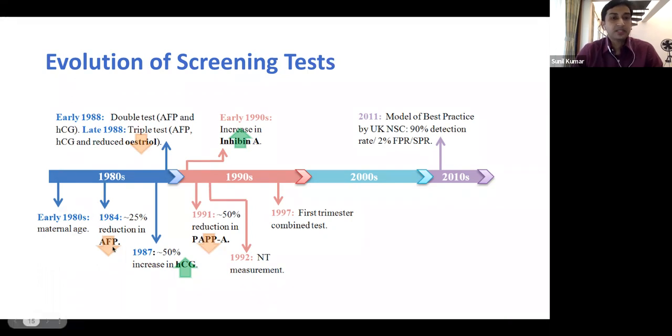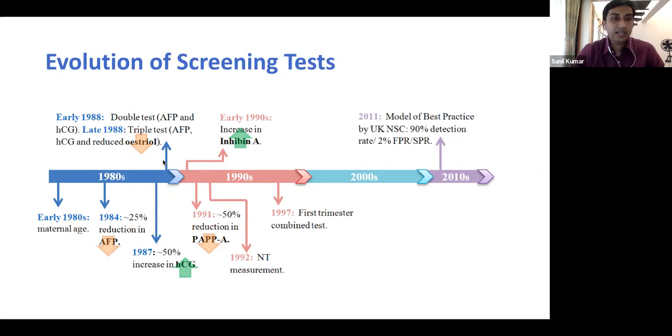Then alpha fetoprotein was isolated from the mother's blood, and it was observed that AFP level will be reduced in a chromosomal abnormality. Next, in 1987, they also identified that HCG levels are high in the maternal blood in case of chromosomal abnormality.